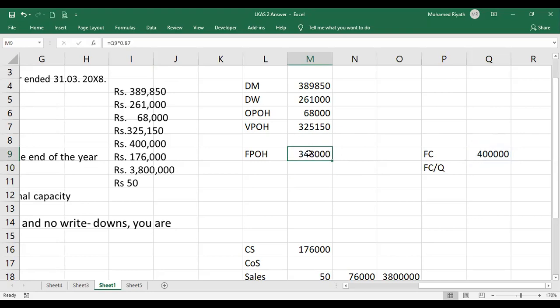Then fixed overhead, how much? 348,000. So where will the balance go? 400,000 minus 348,000 will be charged to P&L, right?